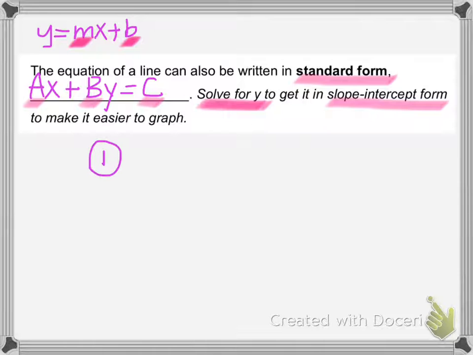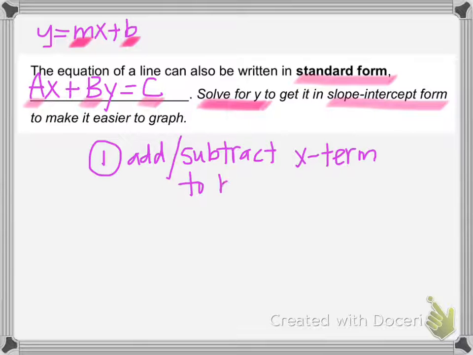Step 1, you're going to add or subtract, whatever's the opposite. We're just kind of moving some things around, trying to get y by itself. We're going to add or subtract our x term to both sides. And that will move that x term to the right side so that it starts to look like this right here.